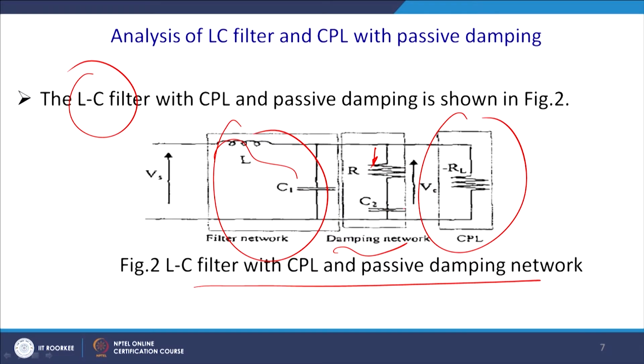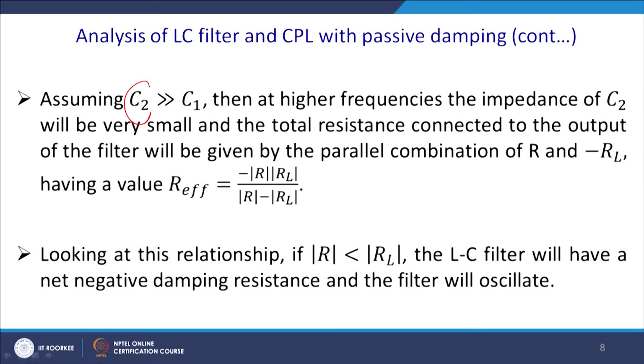Assuming that C2 is much greater than C1, at higher frequency the impedance of C2 will be very small and the total resistance connected to the output of the filter will be given by the parallel combination of R and the CPL load, that is RL, and the effective R will have a minus sign coming from the CPL.